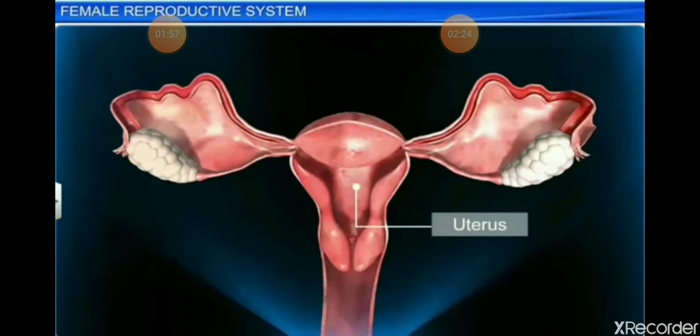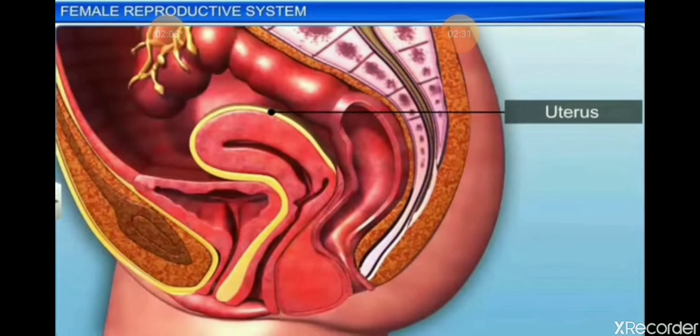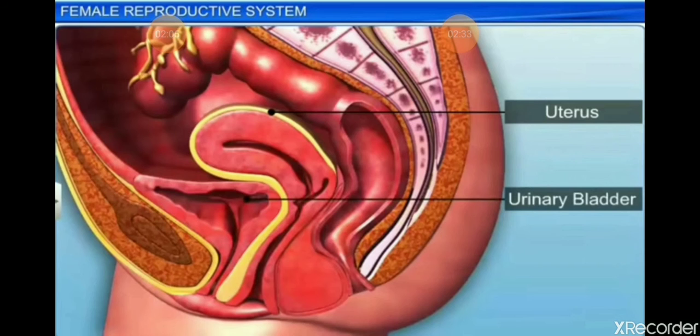The uterus is a pear-shaped, distensible organ, that is, highly stretchable, found between the urinary bladder and rectum in the pelvic cavity.